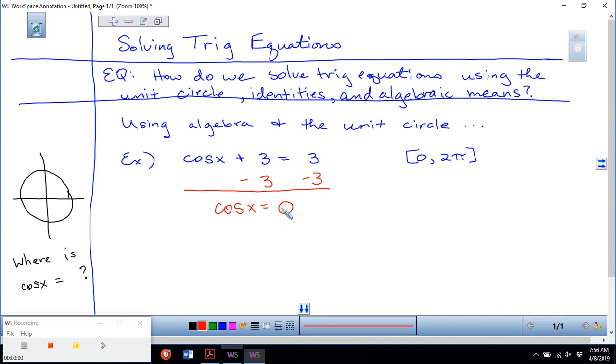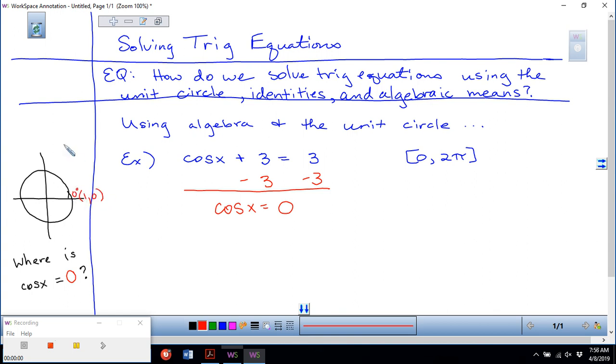So now I'm going to go look at my unit circle and I'm going to ask myself the question, where is cosine of x equal to 0? And so as I look on my unit circle at 0 degrees, our ordered pair is 1, 0.